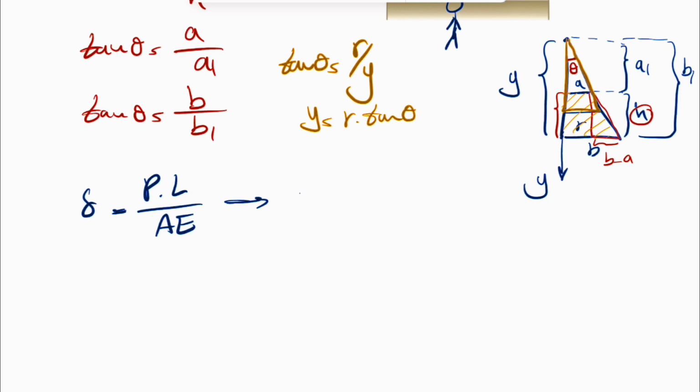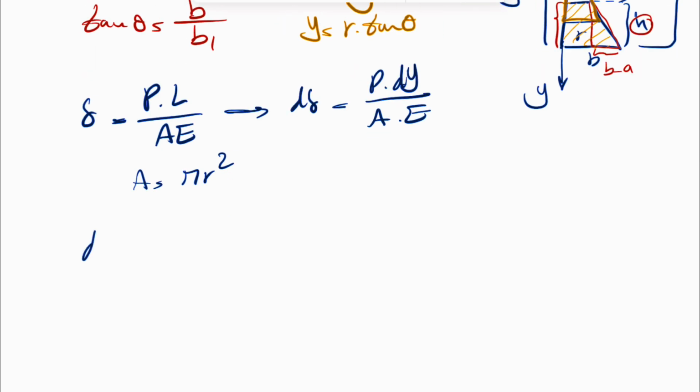And if we do the derivative of delta with respect to y, the derivative of delta would be P times dy over A times E. Our area would be the area where we move from A1 to B1, so our area is pi times r squared. Let's put all of those in here. The delta is equal to P times dy over pi r squared E.